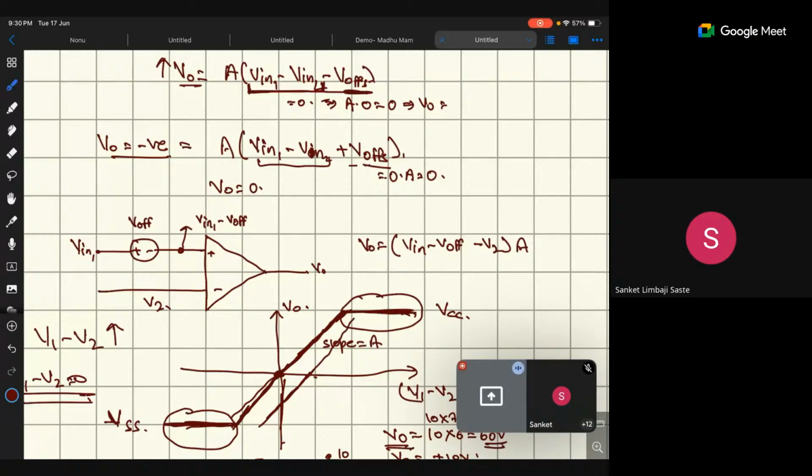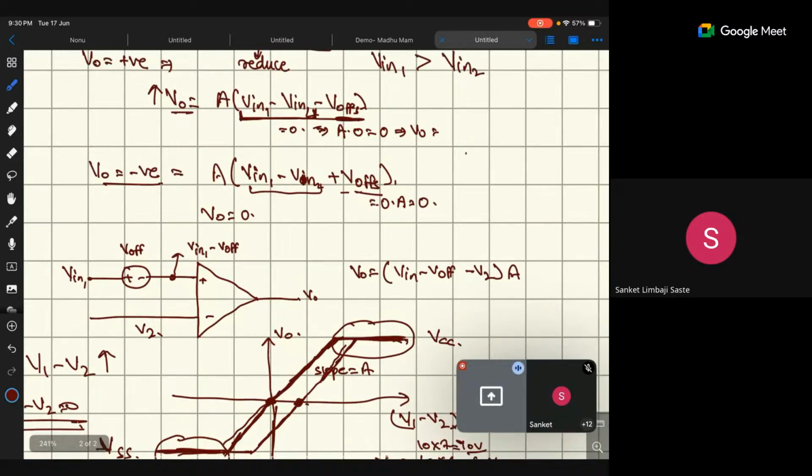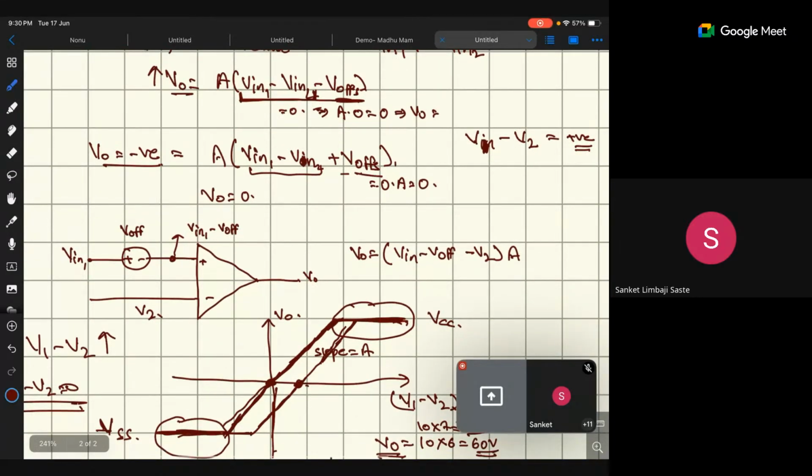So this is the graph because of this non-ideality. If V1 minus V2 is positive, V naught is also A times V1 minus V2, that is also positive.